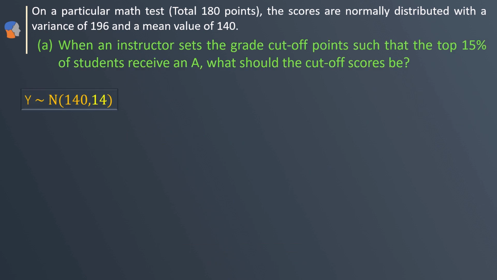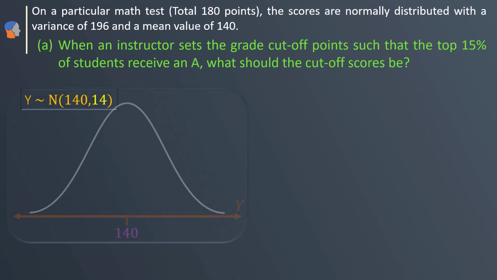When an instructor sets the grade cutoff points such that the top 15% of students receive an A, what should the cutoff score be? Here, this problem asks you to find the y value from a probability. Here we have top 15%. So first let me draw the density curve of this problem.